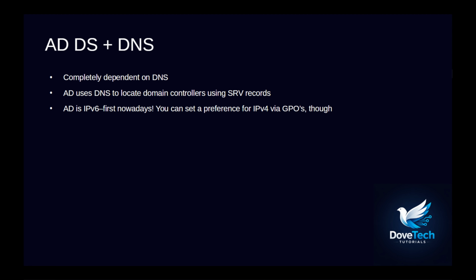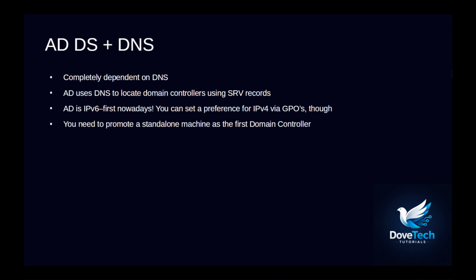This is the default behavior, and it reflects where the industry has been heading for years. You can configure a preference for IPv4 through registry settings or group policy if your environment requires it, but for this course we are going with the default. IPv6 first. Our domain controllers are fully dual-stacked, and we will let Windows use IPv6 where it chooses.